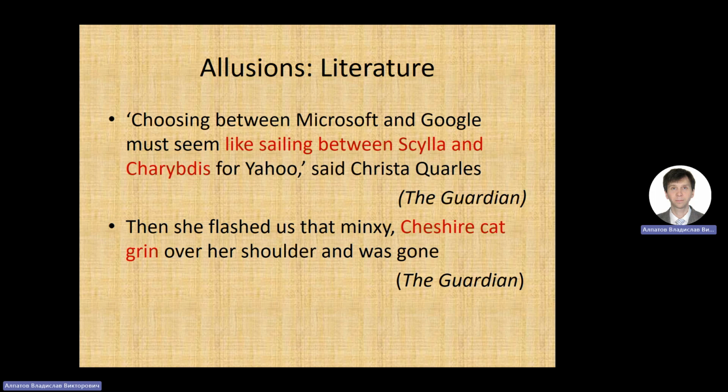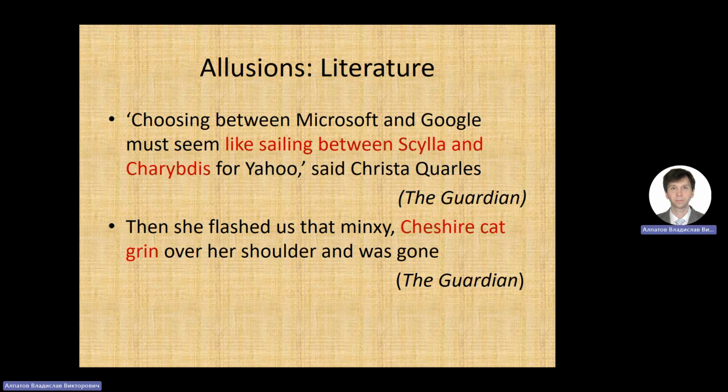Well, lots of other literary works have been regarded as precedent works. That means the works to which further works refer or allude. Well, these are two examples from The Guardian, from a newspaper. "Choosing between Microsoft and Google must seem like sailing between Scylla and Charybdis for Yahoo," said Krista Quarles.